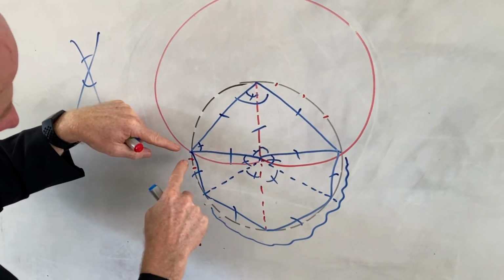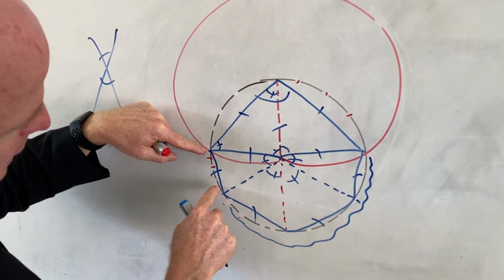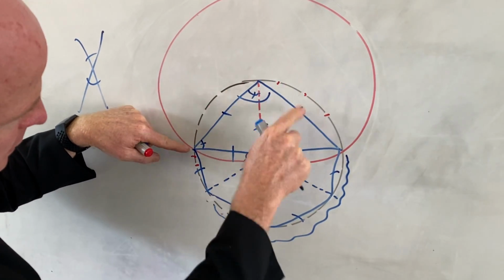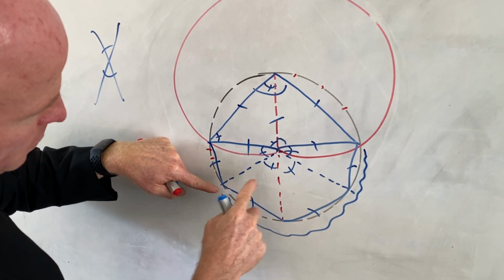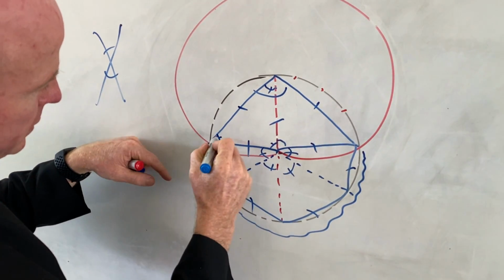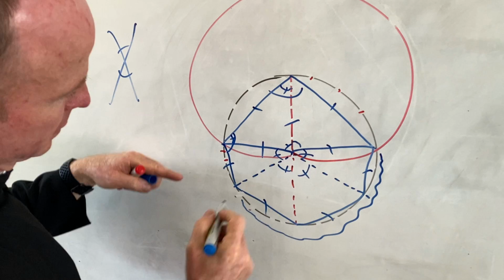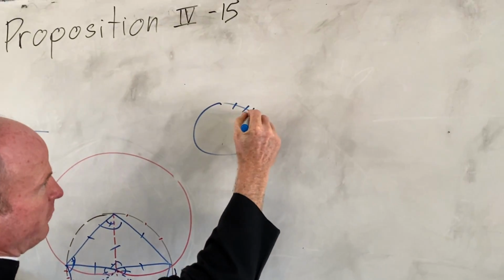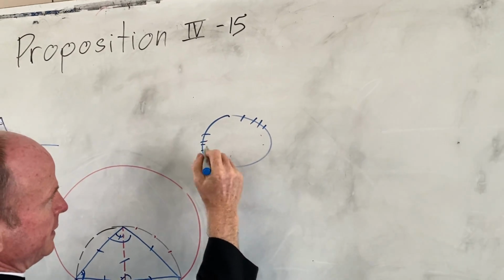And therefore, this circumference, which this angle stands on, is equal to this circumference, which this angle stands on. Something like that. I very much apologize for my bad drawing.